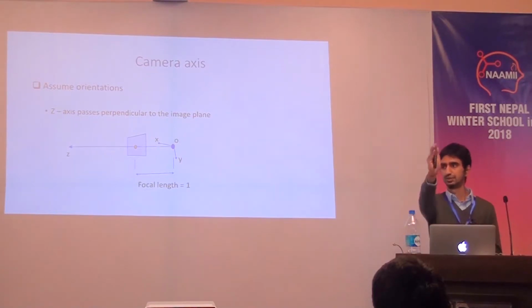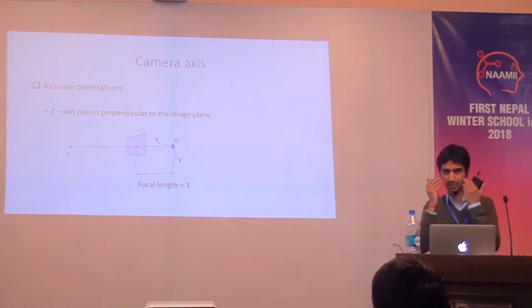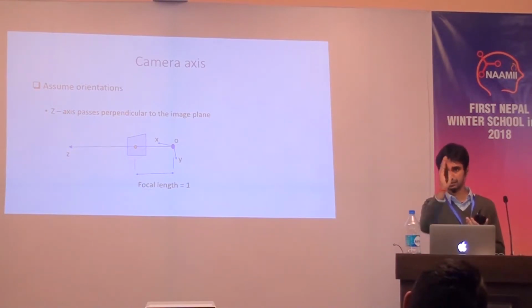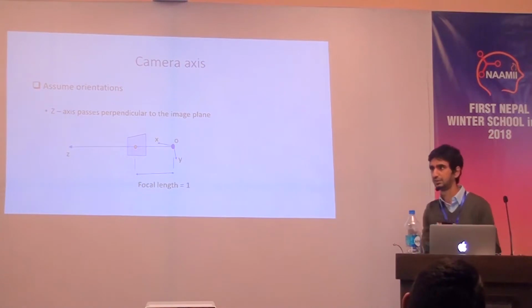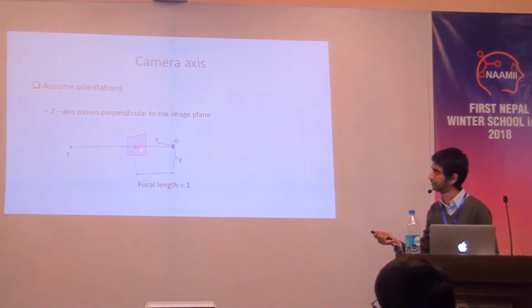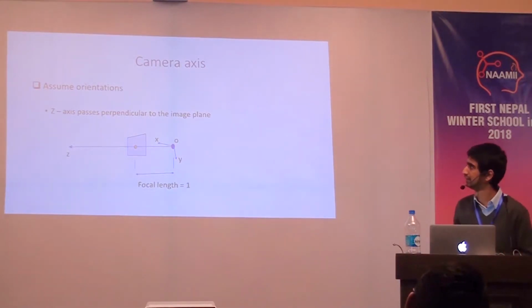So towards in front of you, if you imagine your eyes are the cameras, in front of you is the z-axis, and the distance on the z component to any point is the depth in the scene. So again, we keep the focal length as 1. So the distance from this image plane to the center is 1.